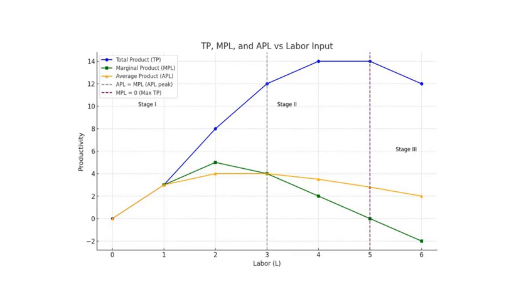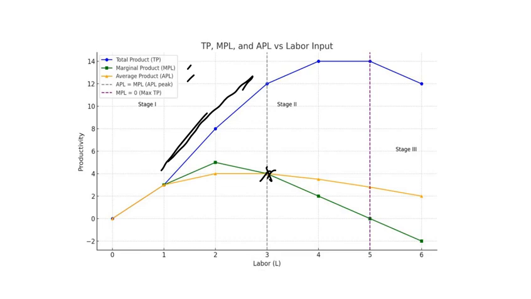So here we have TP in the blue curve. Here it is TP in the first stage from 0 to 3 workers. The first stage ends when MPL intersects with APL. And here, as we can see, in the first stage TP is increasing at an increasing rate.